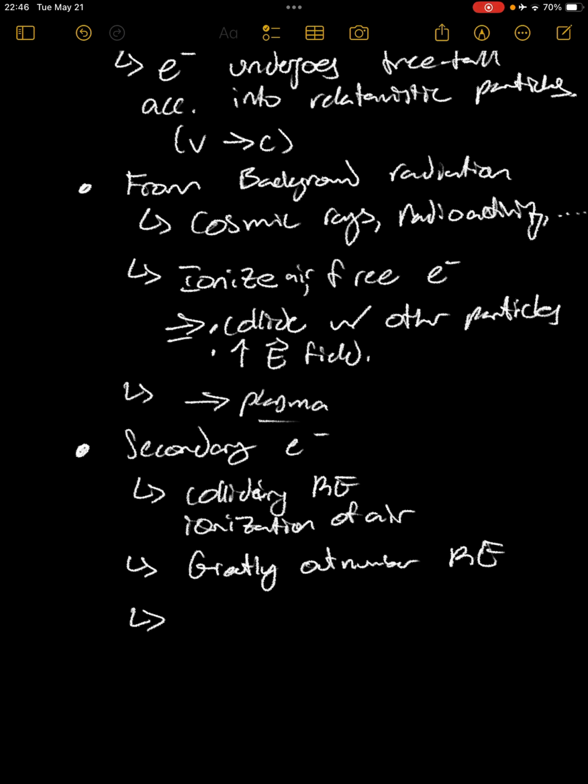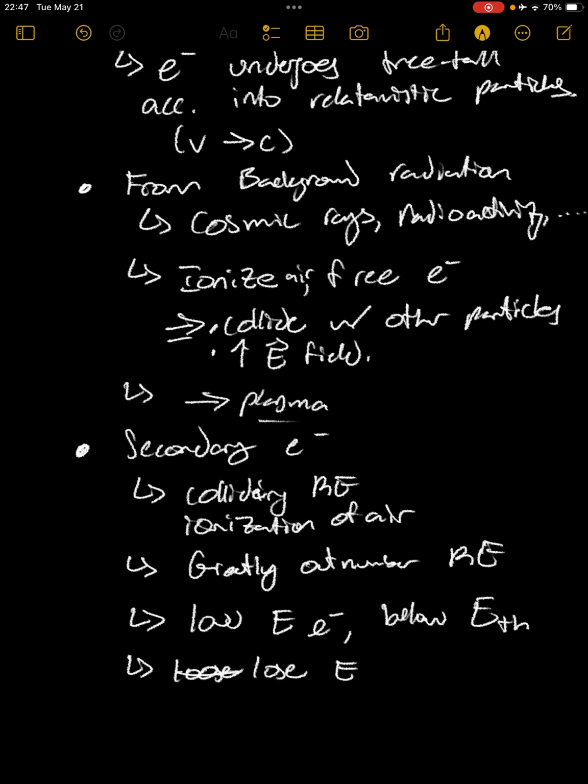But what does this mean? These are low energy electrons. They're below the energy threshold, which we will talk further about, that can cause the RREA. And they lose energy fast.